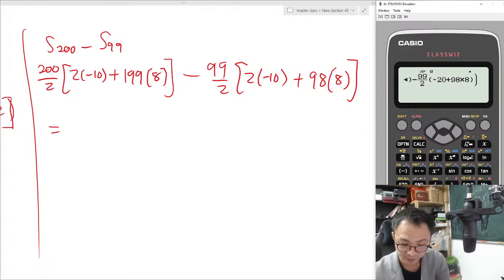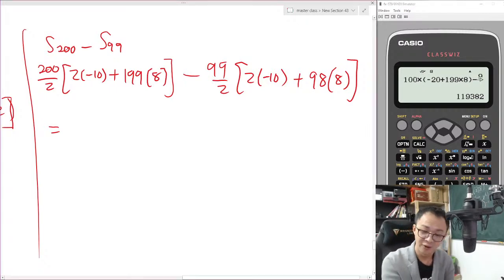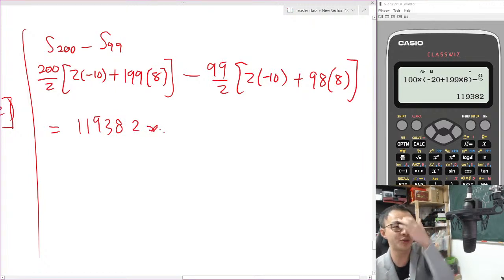Close the bracket. I think I forgot one more bracket somewhere. Oh okay, here doesn't have bracket, here have one open bracket inside, extra bracket. Yeah, 119382. So I still get the same answer. No matter which method you use, both will give you the same answer.